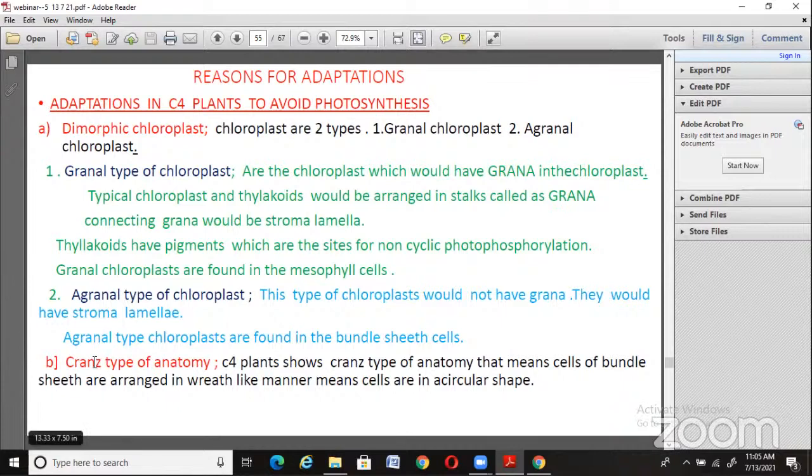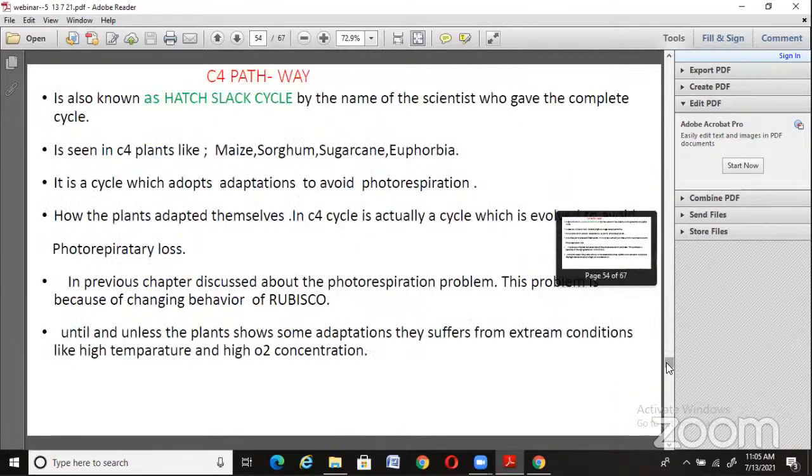The second adaptation is Kranz type of anatomy, in which the cells are arranged in a wreath-like manner. That means cells are arranged in a circular manner, and these two are the adaptations shown by C4 plants.